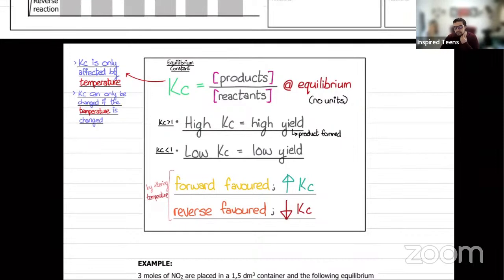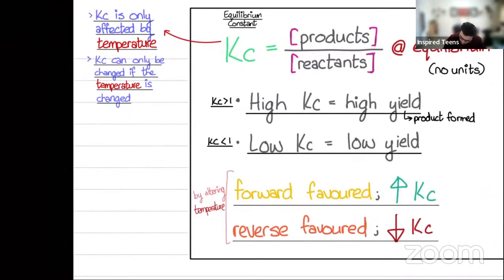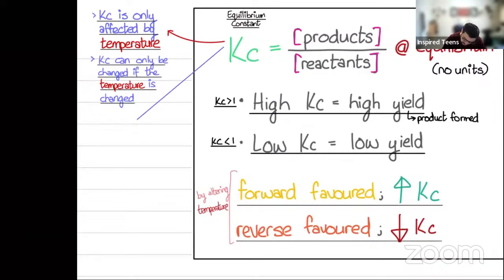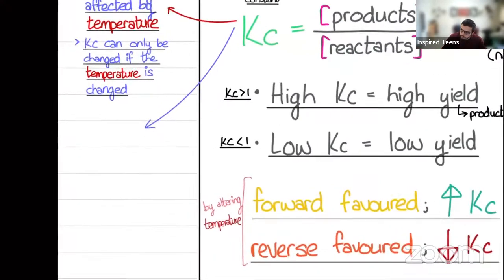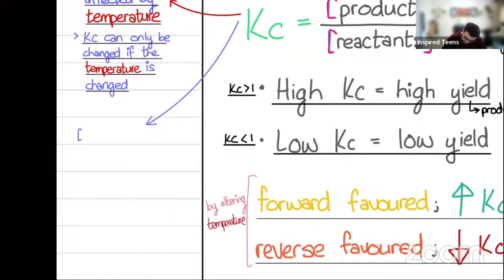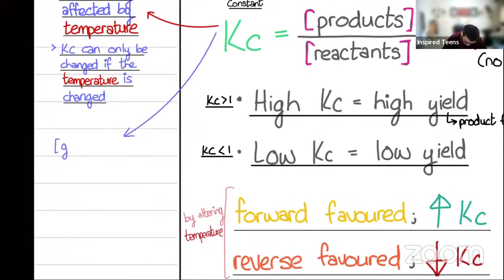is that if we have, and I'm just going to steal an equation here, the only concentrations at chemical equilibrium that we consider for Kc are those of gases and aqueous solutions.